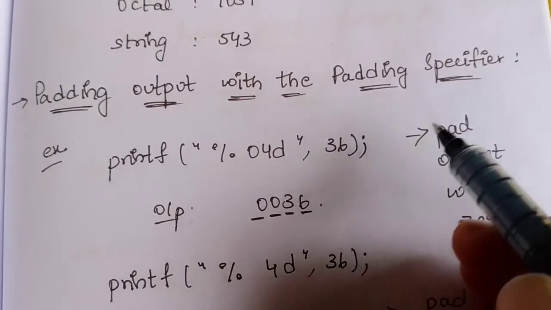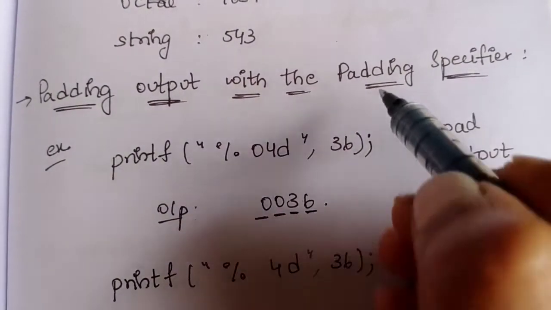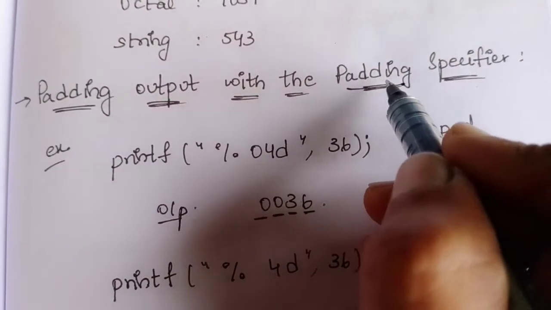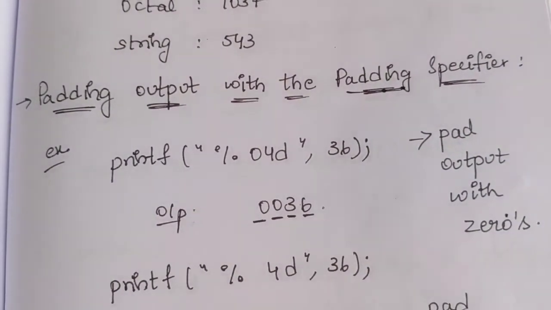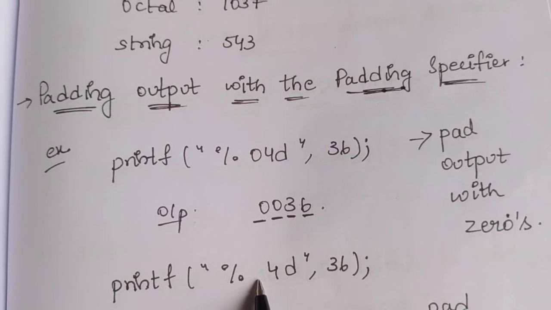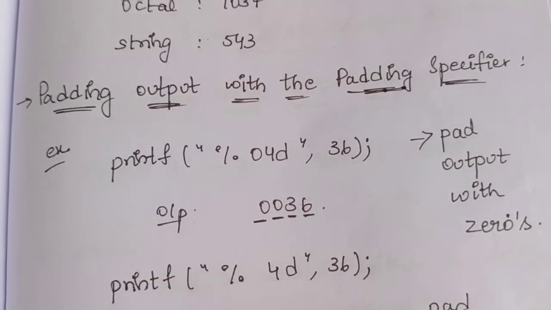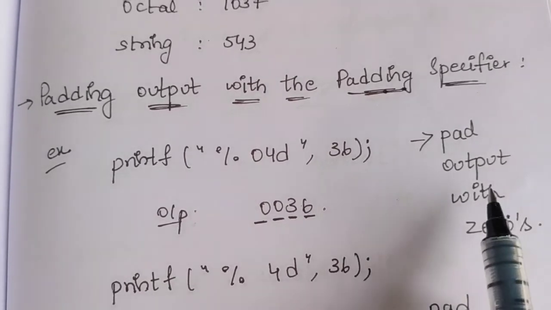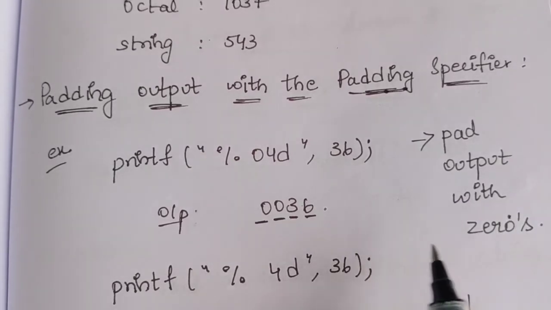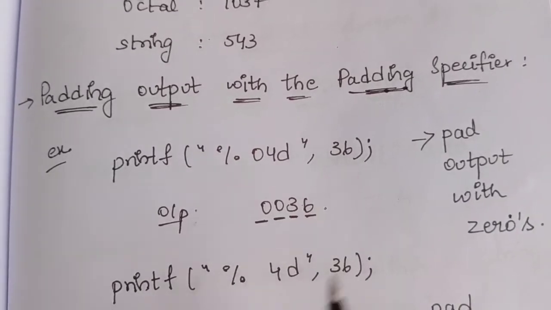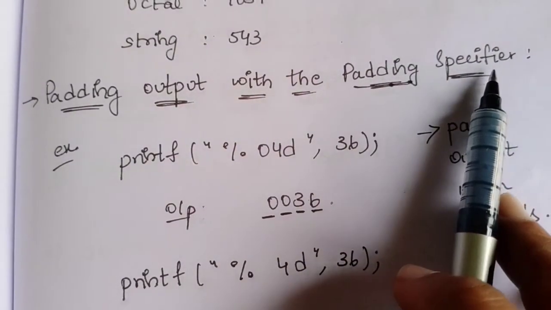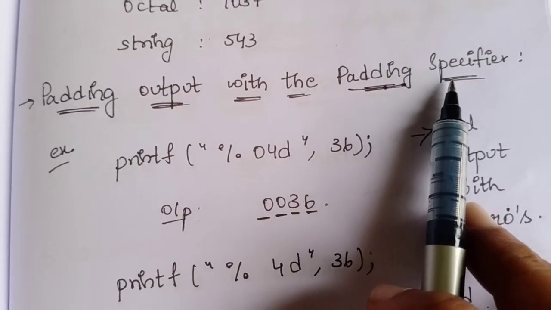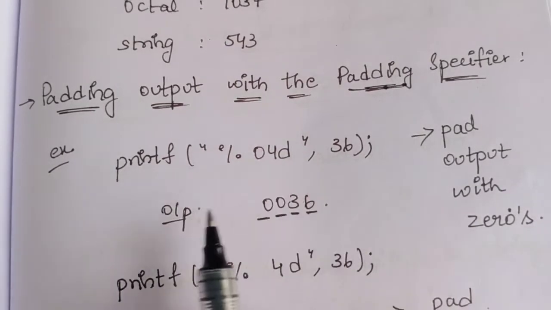Padding output with the padding specifier means padding is a specifier by which we can add either zeros or space for the output. While printing the output, we can add zeros or space to the output by using the padding specifier. This is done by using this example. You can understand.